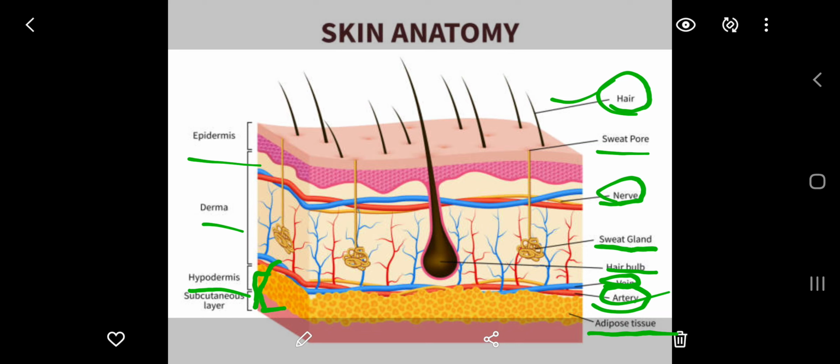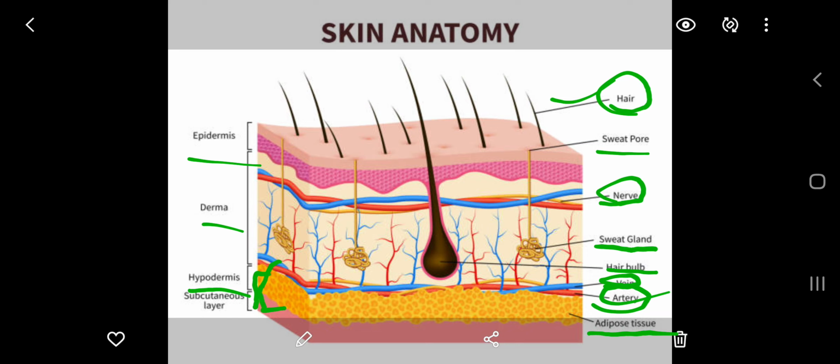The epidermis is the outermost layer of the skin. It is the most important part of the skin, as it protects us from injuries and even cuts. It is mainly made up of dead cells or the stratified squamous epithelium, right?